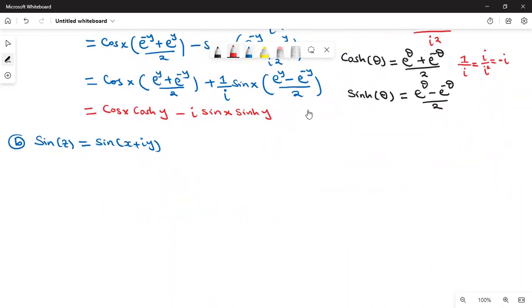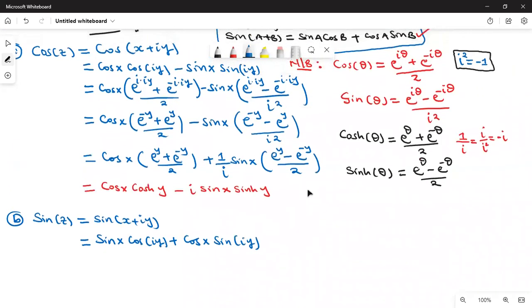Now, let's expand it. This will now give us sine x cos iota y plus cos x sine iota y.